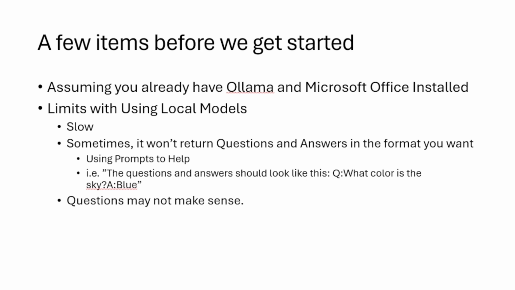And the final thing is, in some cases, the questions may not make sense, right? For example, it may ask you what color is a red guitar, and then in that case, well, the color's red. It doesn't really make sense. It's not really a hard question. Sometimes you may just get some questions like that, and sometimes the questions may also be wrong.